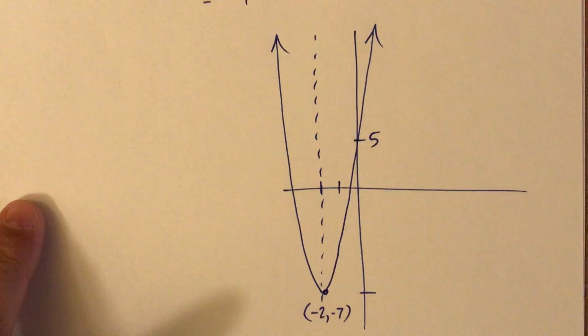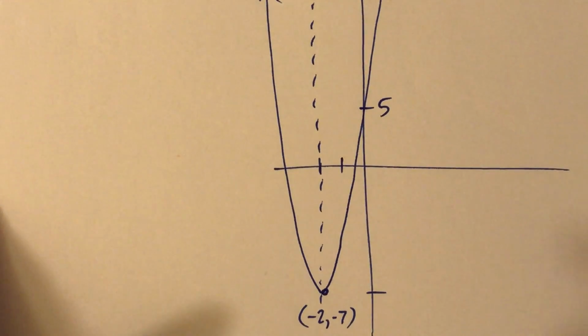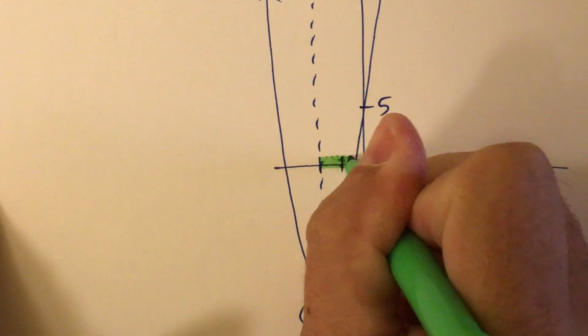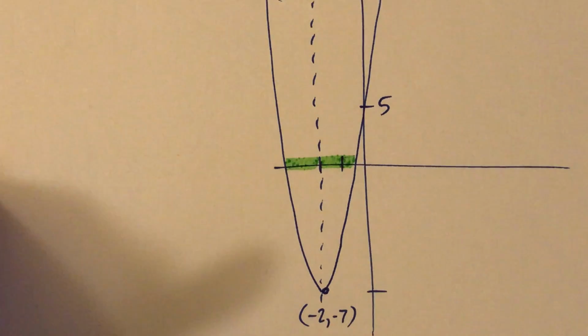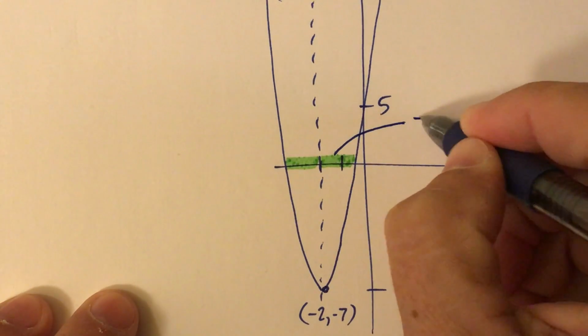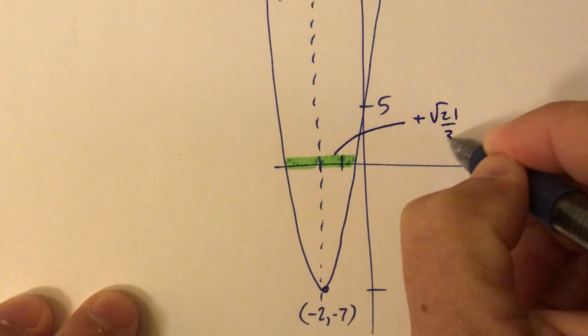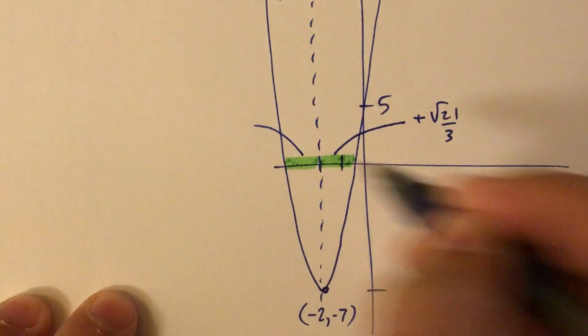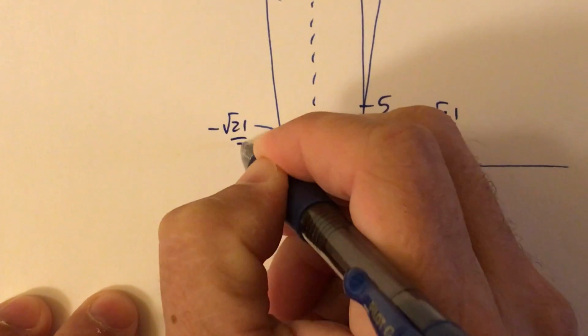So what do I mean by that? It means this distance in green and this distance in green are both equal to, so this piece is plus the square root of 21 over 3, and this distance is minus the square root of 21 over 3.